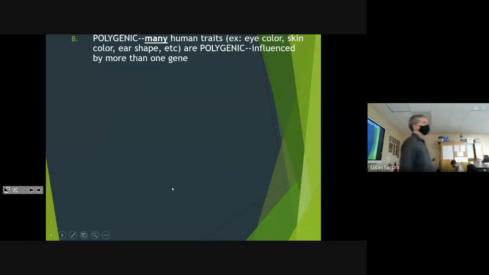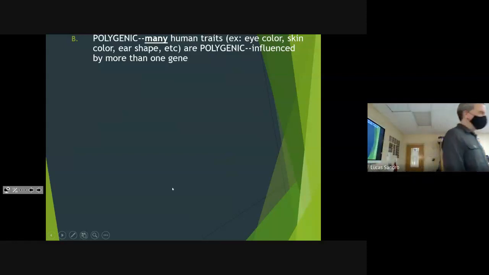Something like horse color, believe it or not, for you horse people out there, is the one that has the most genes I've ever seen in an actual genetics problem. There are 11 genes that control what color a horse is, and you've got to know all of them if you want to predict breeding outcomes. Eye color's nice, there's only 2 genes.